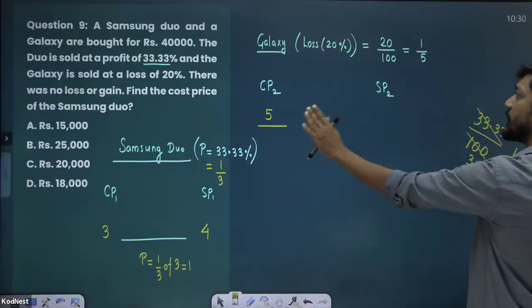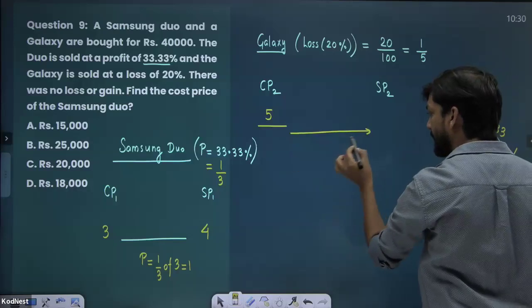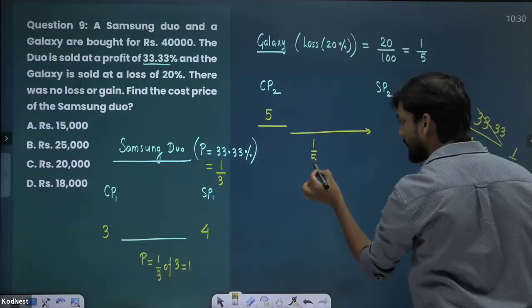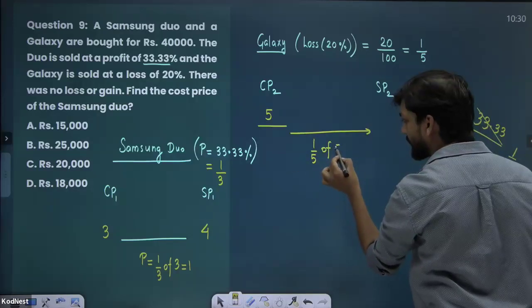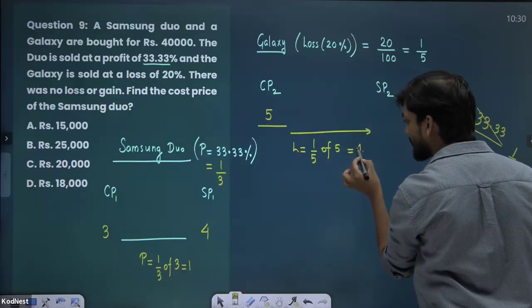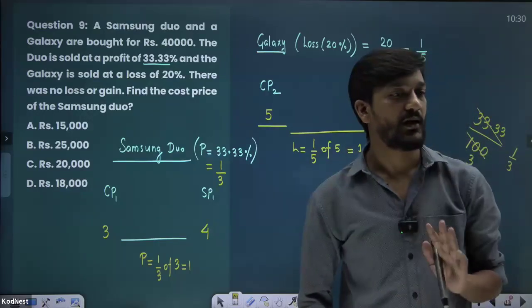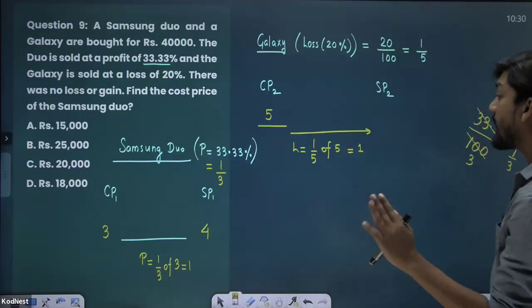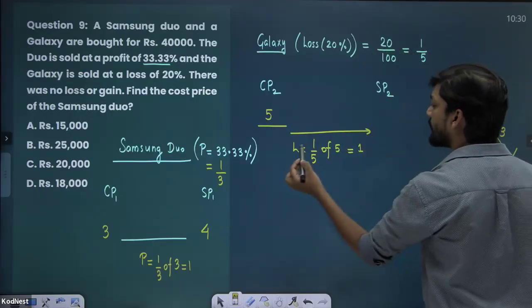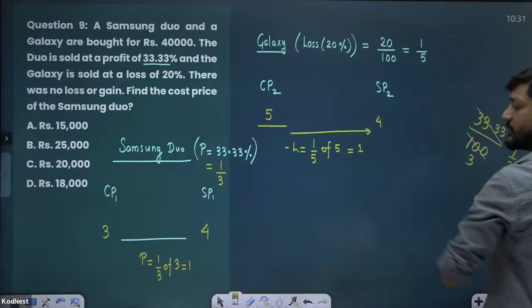So 1/5 of this value will be lost. 1/5 of 5 is your loss, that means 1 rupee is the loss. So how much is the selling price? 5 minus 1. Don't say 6. 5 minus 1 will be 4. So 4 is the selling price.